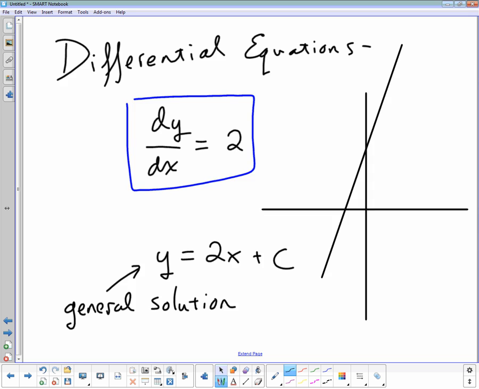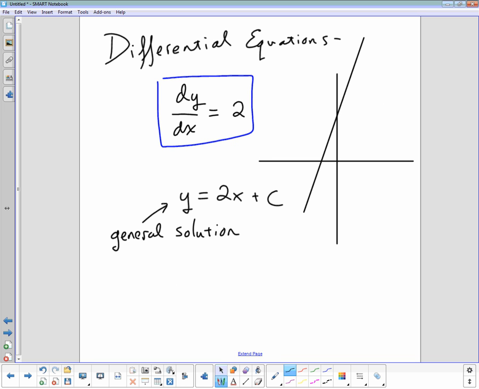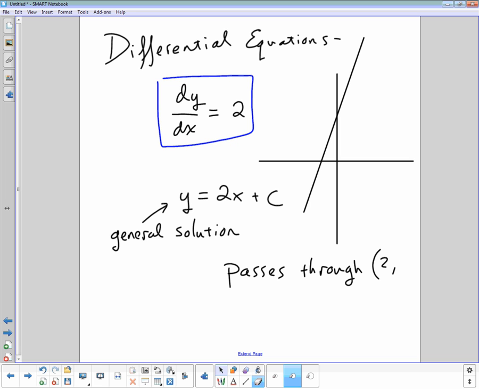Like if I had said, for example, that the derivative is equal to 2 and it passes through 2, 6. Now I can go ahead and find the c for this particular equation.